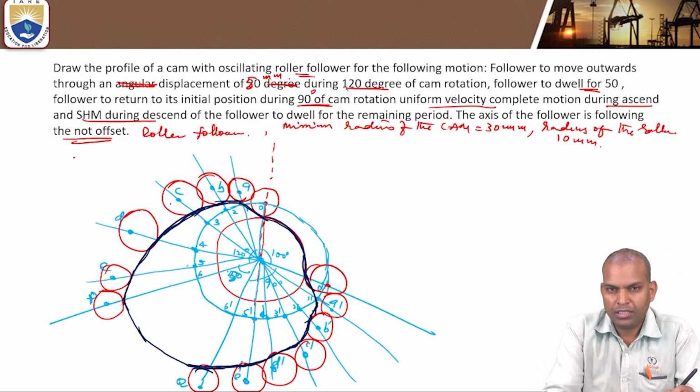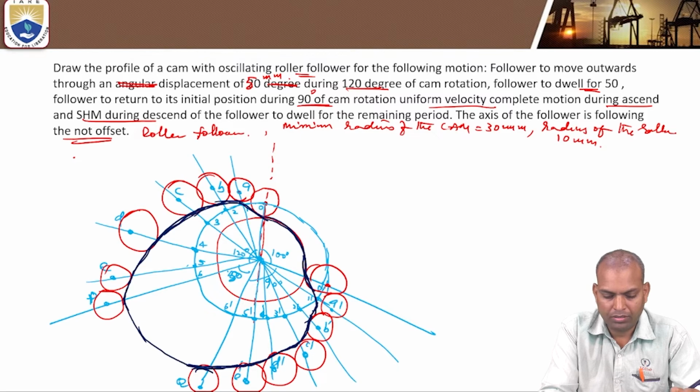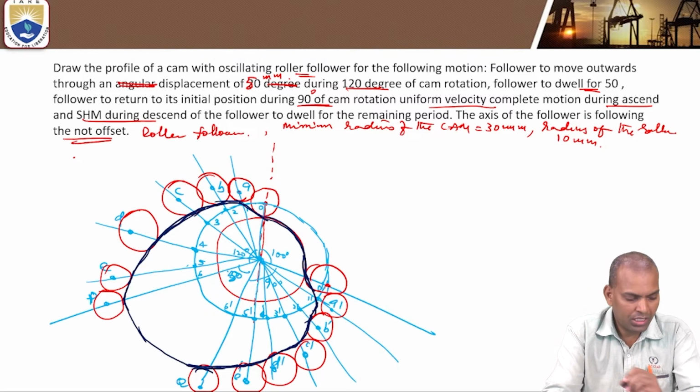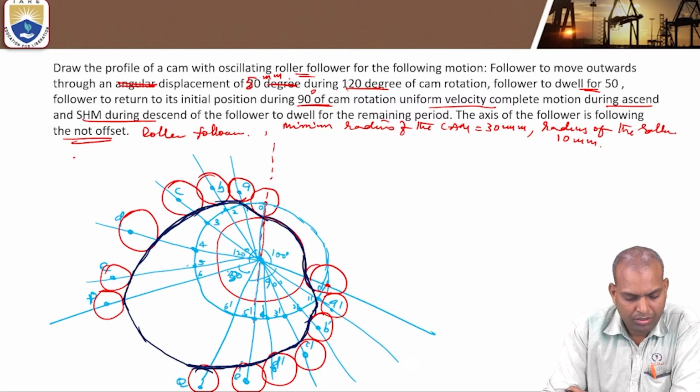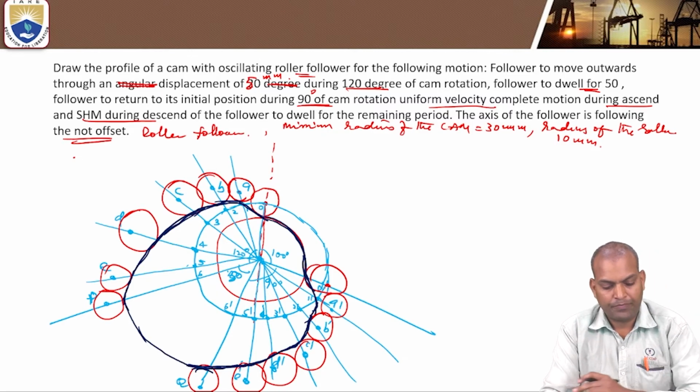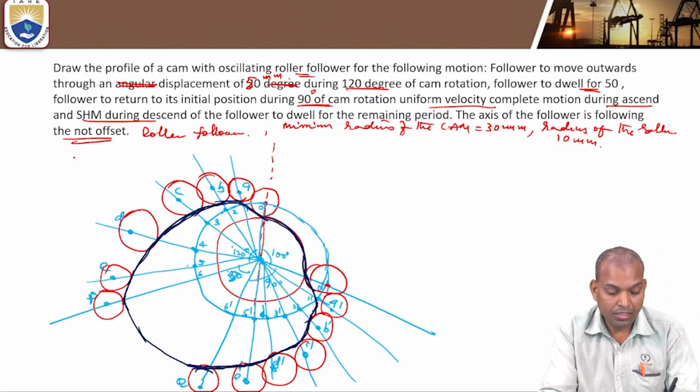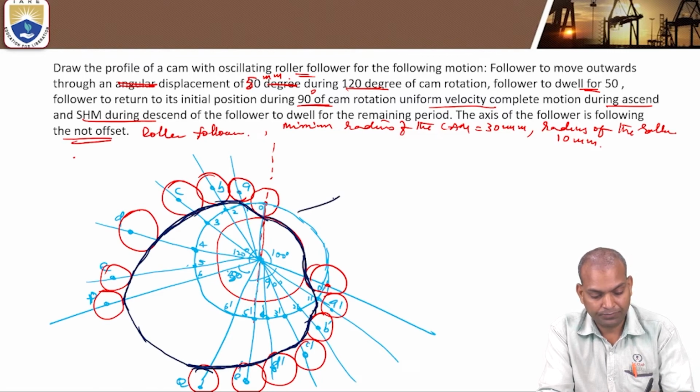This is the case when the follower is a roller follower and the axis of the follower is passing through the axis of the camshaft. So once again, here the base circle is different from the prime circle.